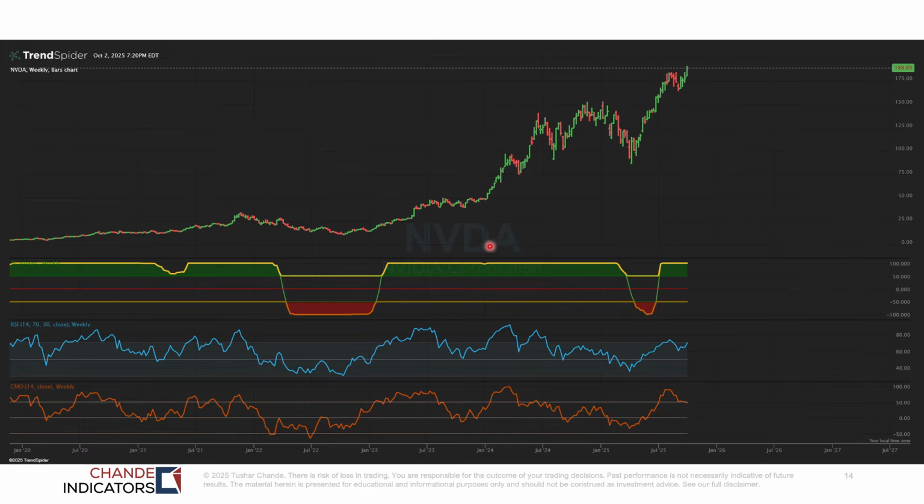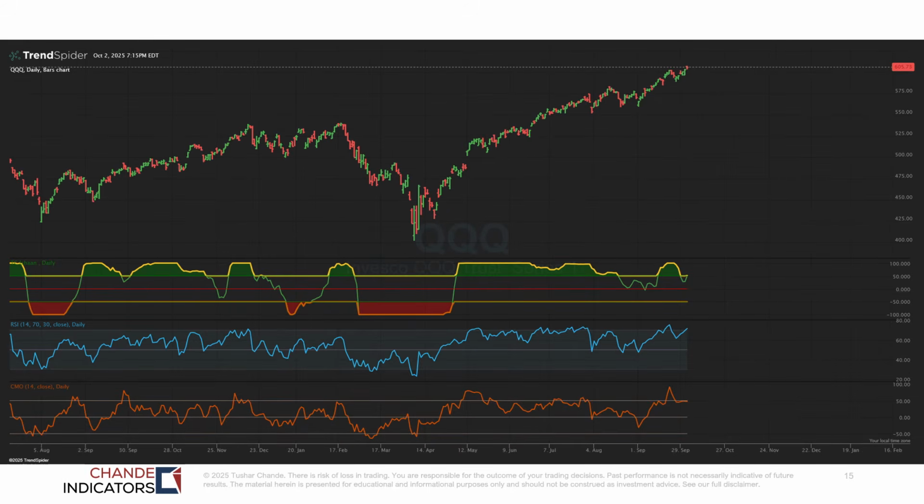So this is NVIDIA weekly data. The Ishaan oscillator stayed at 100 or close to it during this entire uptrend, whereas the RSI and the CMO were above 70 or above 50 for some, but not the whole uptrend. So this is daily data for the QQQ, Ishaan, RSI, and CMO.